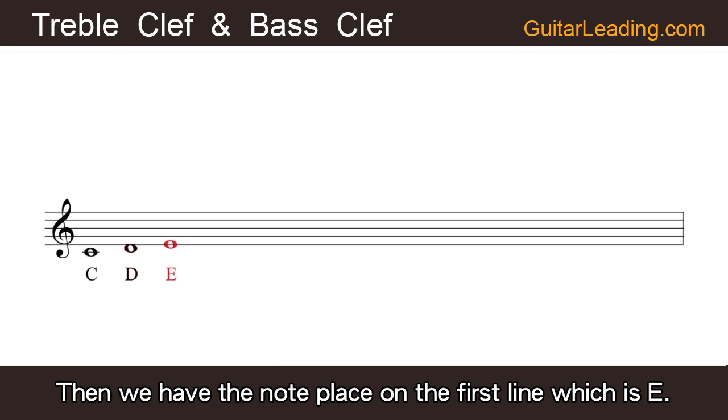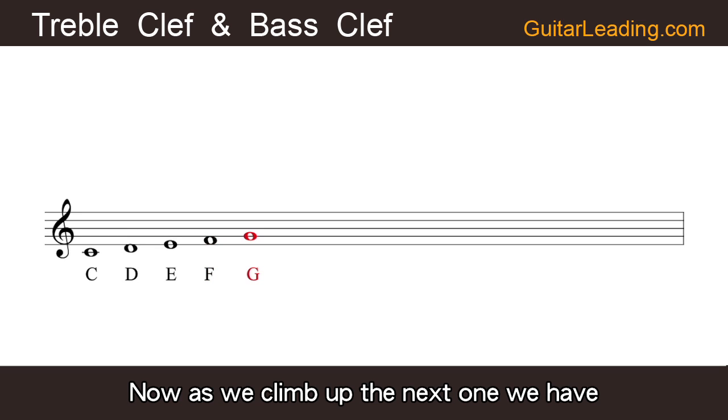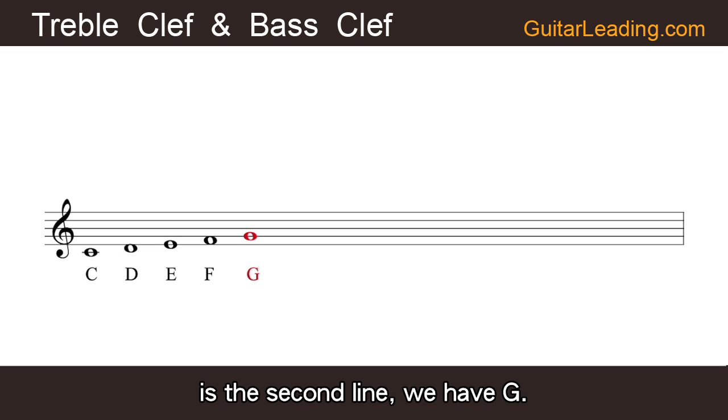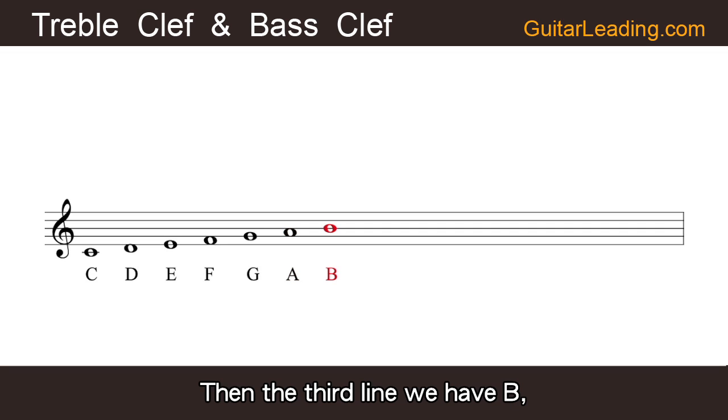Then we have the note placed on the first line, which is E. Then the note placed on the first space is F. As we climb up, the next one is on the second line. We have G. Then on the very next space, the second space, we have A. Then on the third line, we have B.